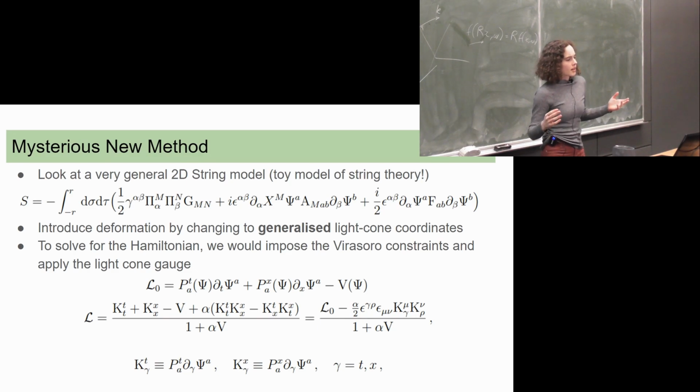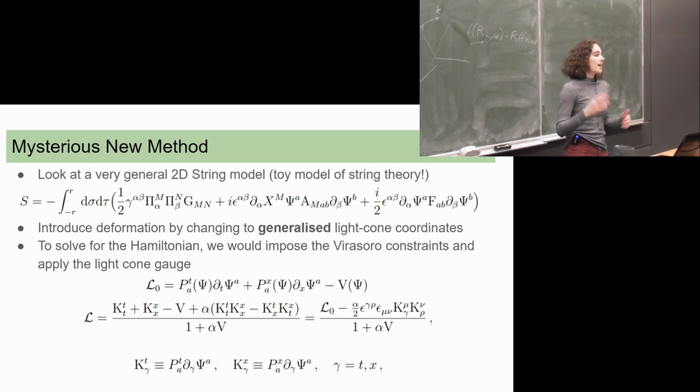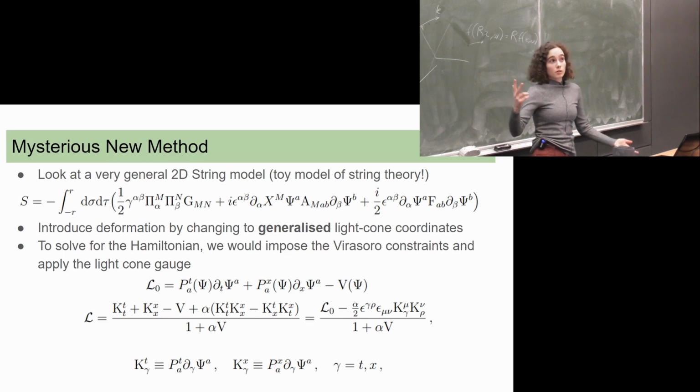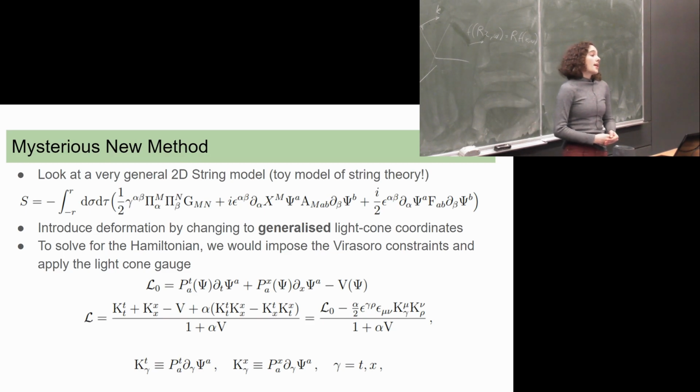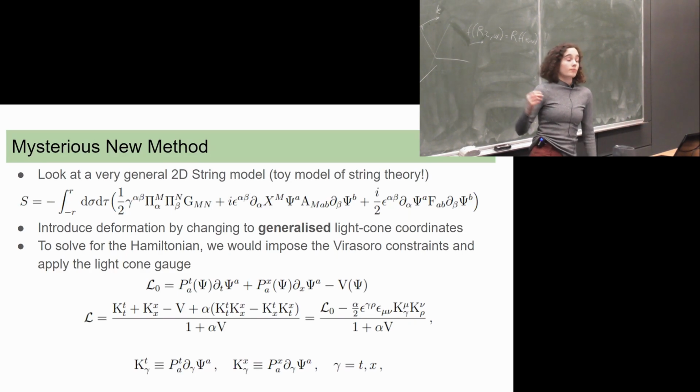But the idea is that you take this and assume, okay, this is our undeformed theory. The usual idea to solve for the dynamics is that you have two constraints called the Virasoro constraints, and you have an extra redundancy in your system, so you have freedom to fix a gauge.